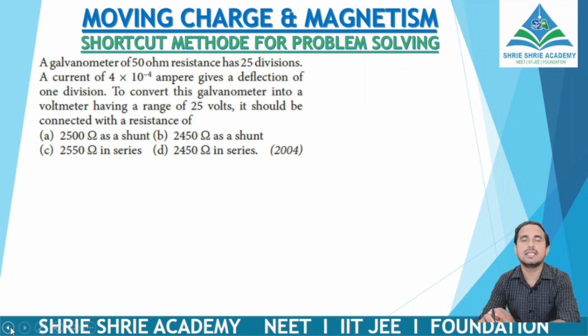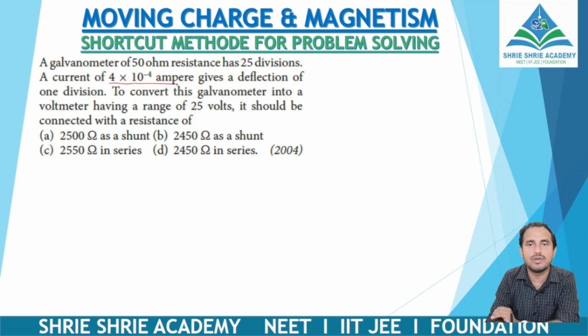Next, let us see this. A galvanometer of 50 ohm resistance has 25 divisions. A current of 4 into 10 to the power minus 4 ampere gives a deflection of 1 division. It means 4 into 10 to the power minus 4 ampere gives deflection for 1 division, and it has a total of 25 divisions, right?